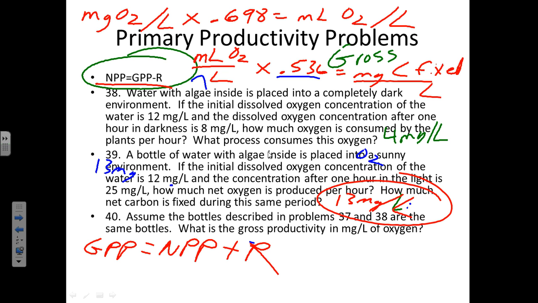This was the net, 13. That was the respiration, 4. So what this is telling us is that the plant made 17 milligrams per liter of oxygen, but it used up 4, so it ended up 13 to the good, right? That's the net. And that's all that formula means.